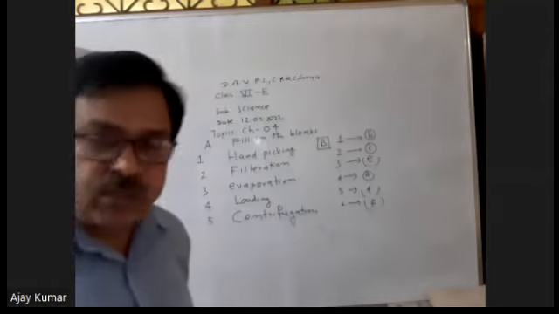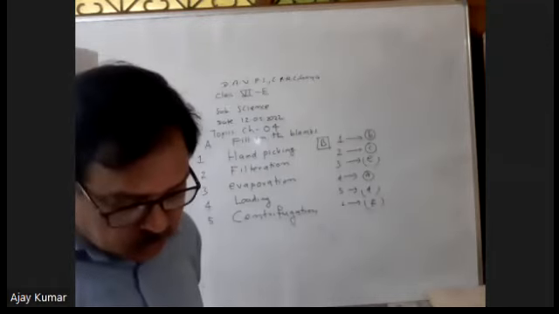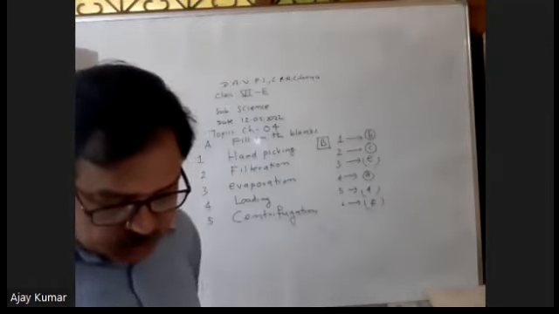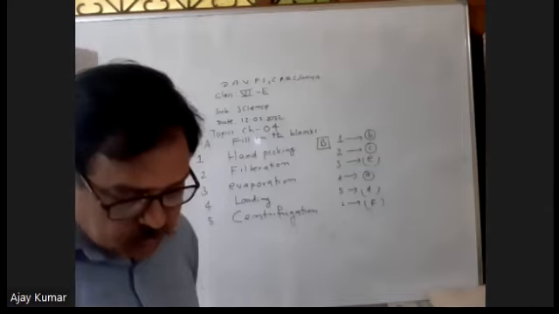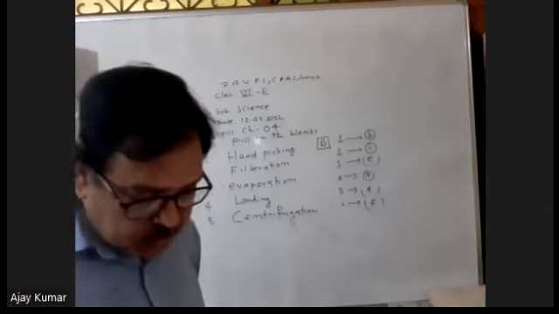Now come to question number C. Which of the following is an example of a heterogeneous mixture? Pebbles in rice.